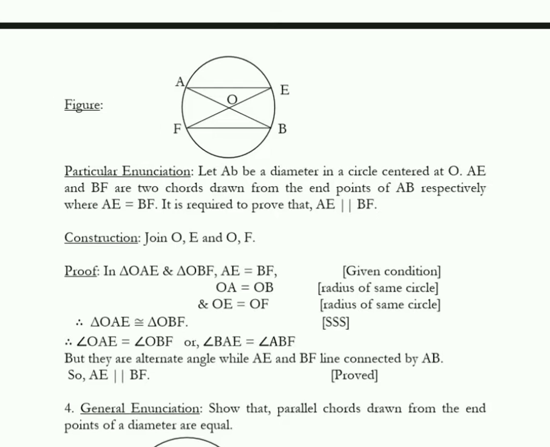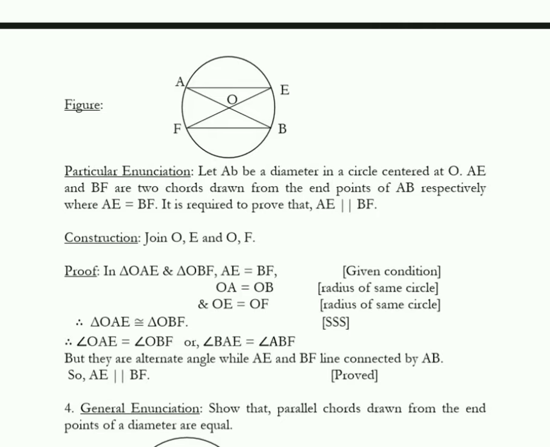So triangle OAE and OBF are congruent, so we can write angle OAE from triangle OAE equals angle OBF in triangle OBF. But this angle OAE can be written as angle BAE and OBF can be written as ABF, which are actually alternate angles, and they are created when AE and BF are connected by the line AB.